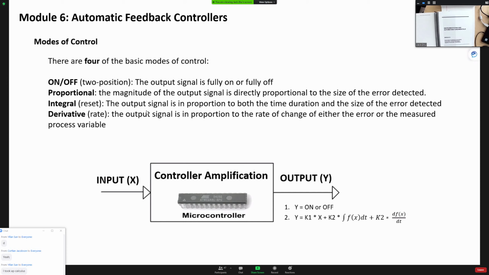The integral takes time: you have an error signal, and based on how long that error signal is there, you will try to eliminate that error in the process.